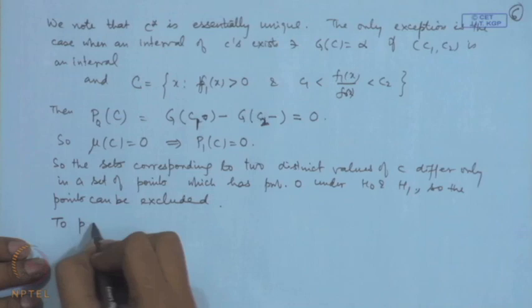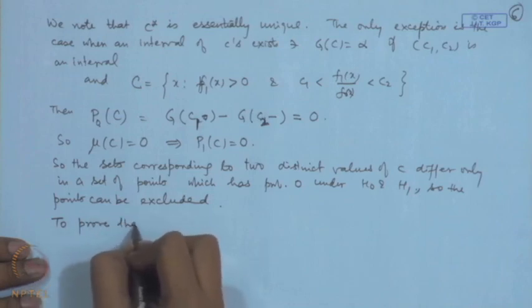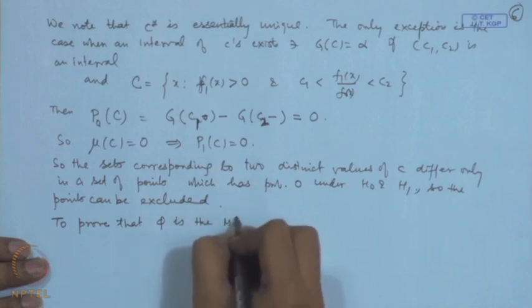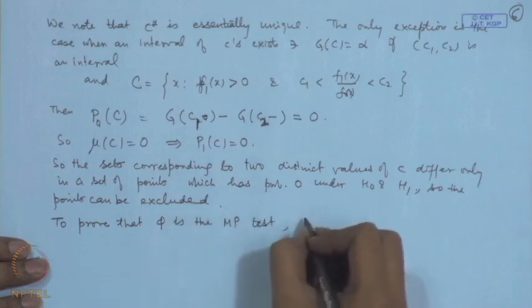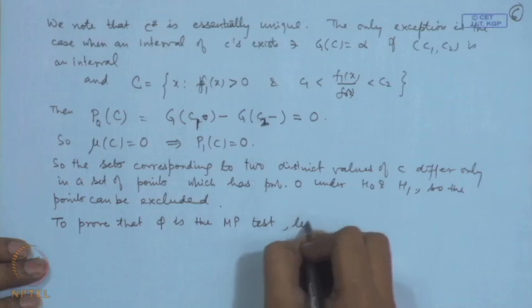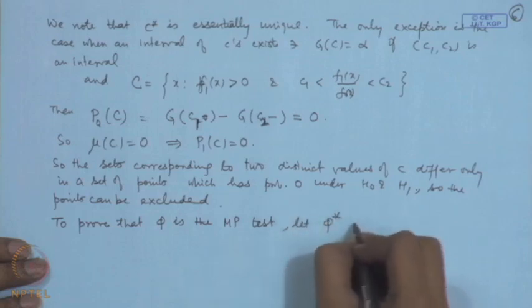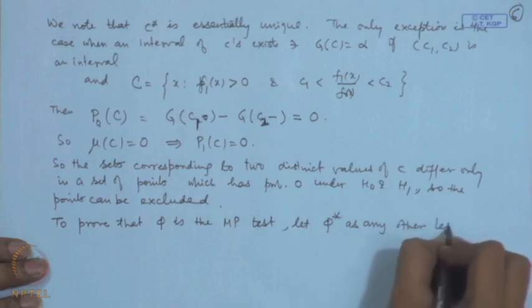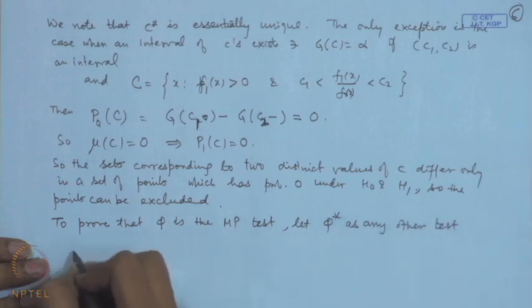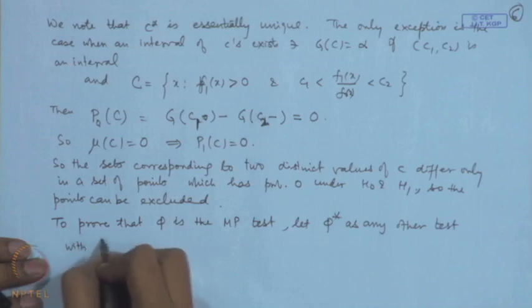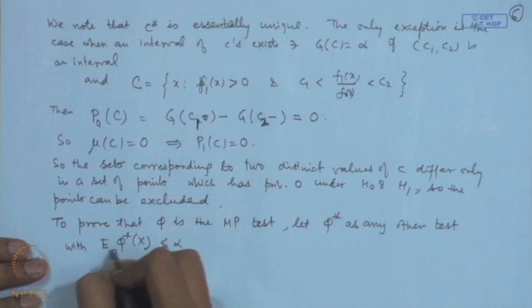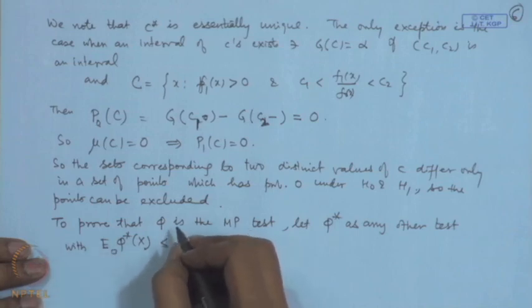So, to prove that phi is the most powerful test, let us consider phi star as any other test with expectation of phi star less than or equal to alpha under H naught.